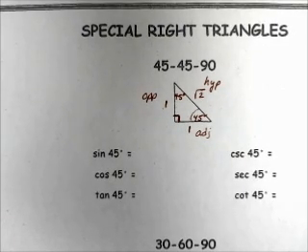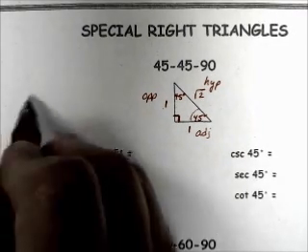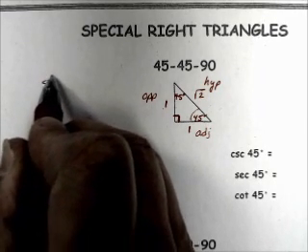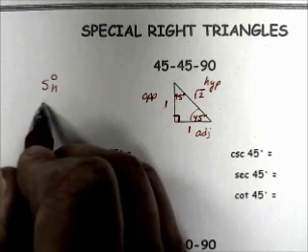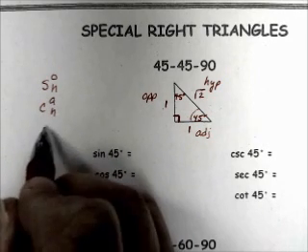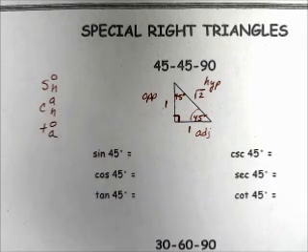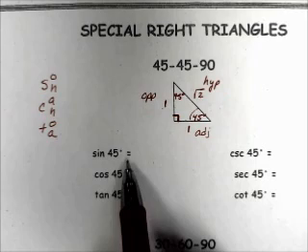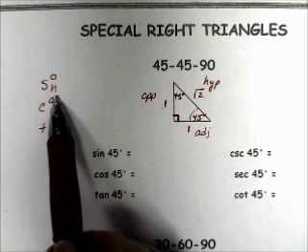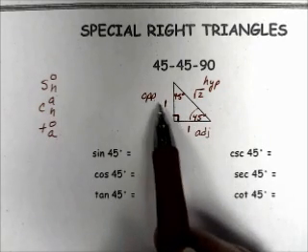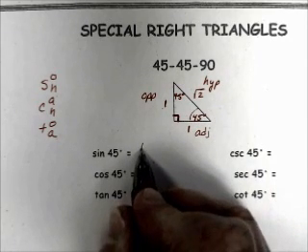So now going back to our SOHCAHTOA, the sine of 45 is going to be opposite over hypotenuse. So the sine of 45 would be 1 over the square root of 2.